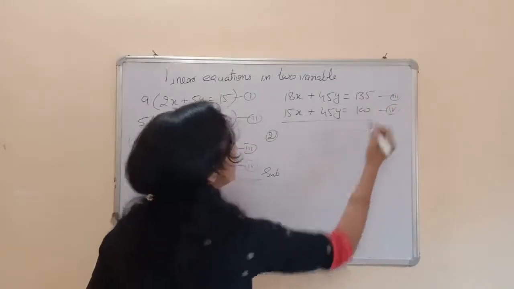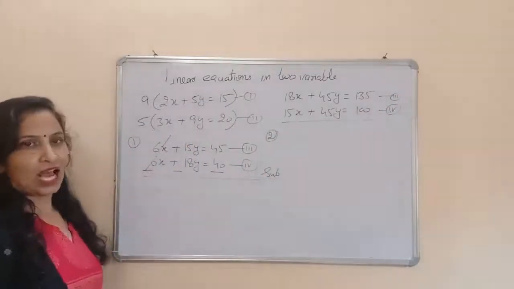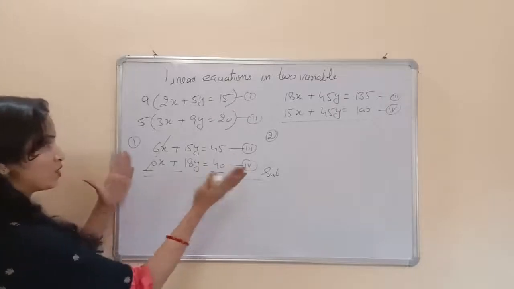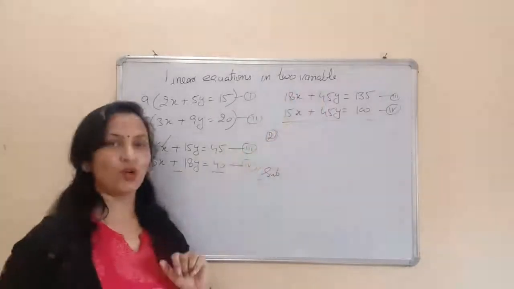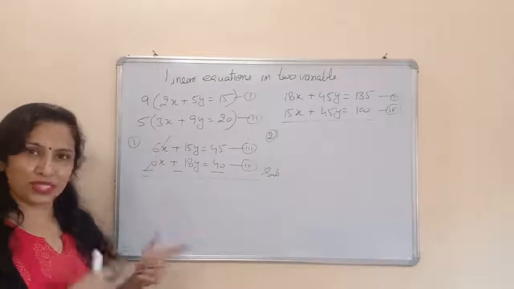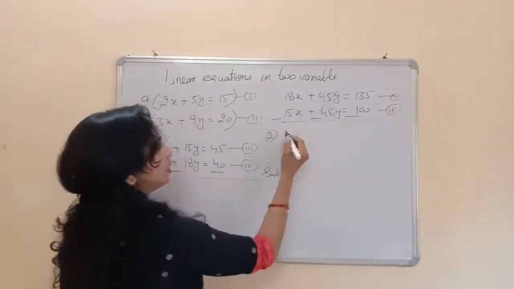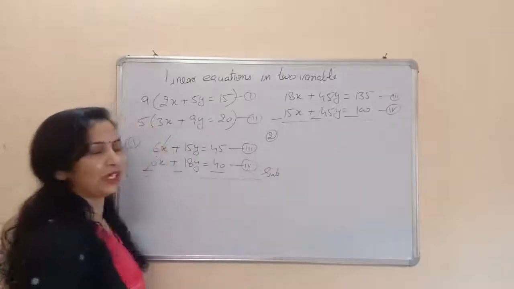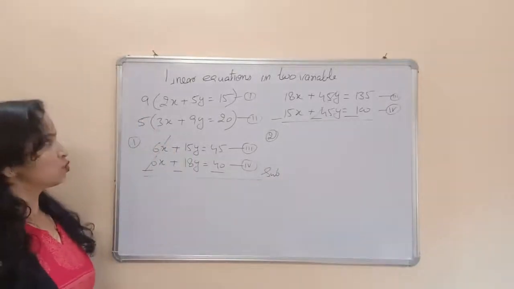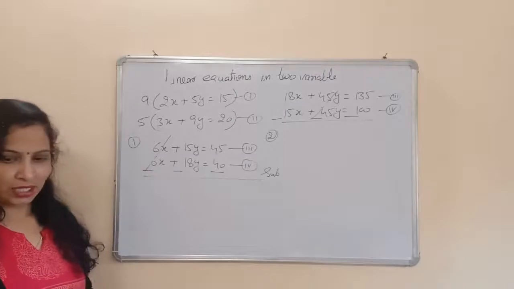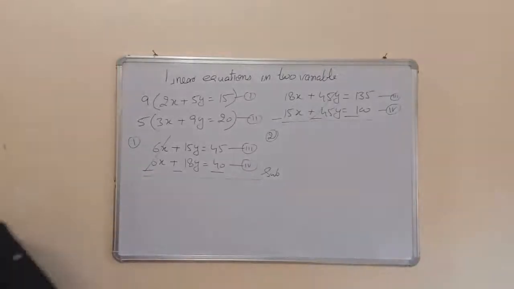So you don't need to do both the parts. आप इसमें से कोई एक करोगे, या तो ऐसे करके सॉल्व कर लो या ऐसे करके, वो आप पे डिपेंड करता है आप किसको इक्वल करना चाहते हो, x को या y को. सो यहाँ पे जब आप सब्ट्रैक्ट करोगे कैंसिल हो गए, and then you can easily find out the value of x. So actually this is the elimination method. In NCERT, all the questions are really so easy.